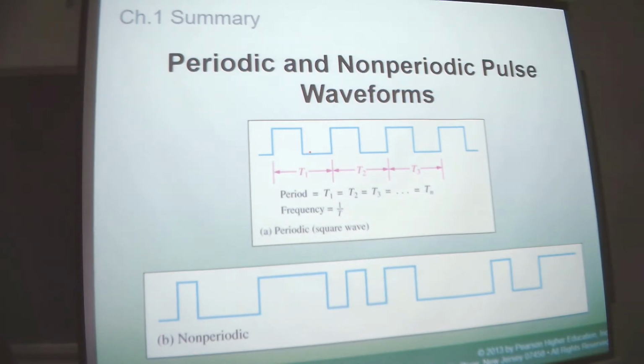Periodic and non-periodic pulse waveforms. This is a periodic pulse waveform, because it repeats.